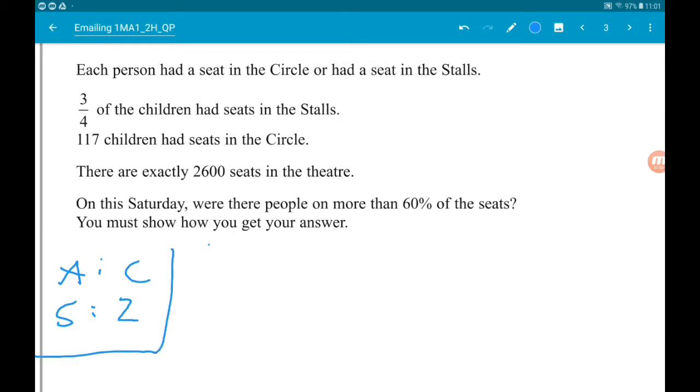Now on a calculator paper, you do not want to be faffing around finding 10% and doing it like that. 60% is 0.6, so multiply 2,600 by 0.6.